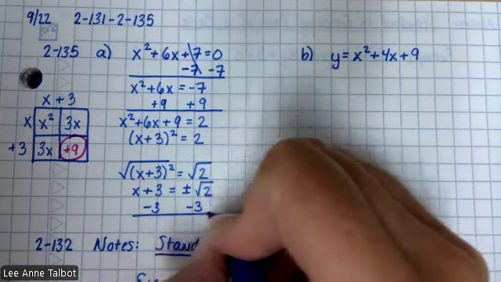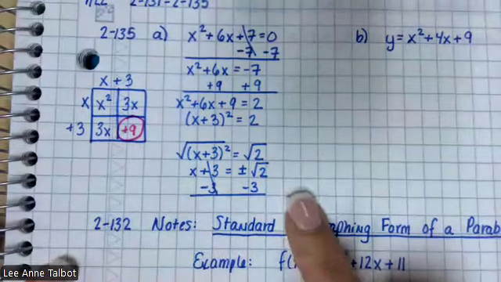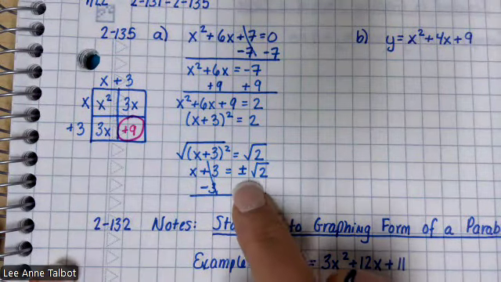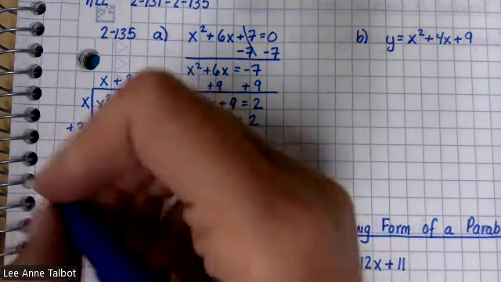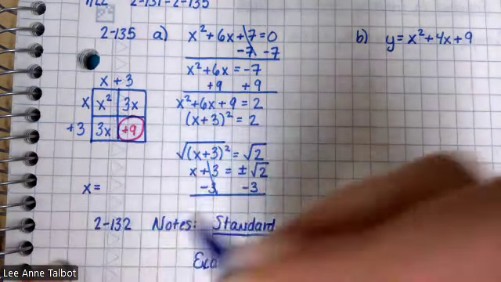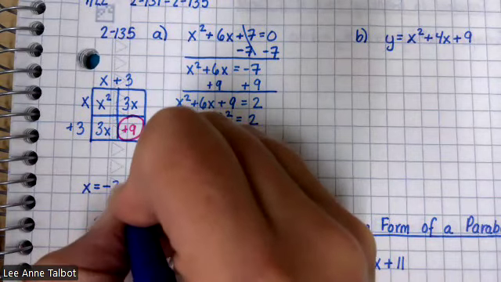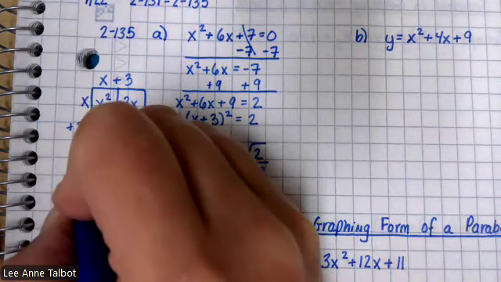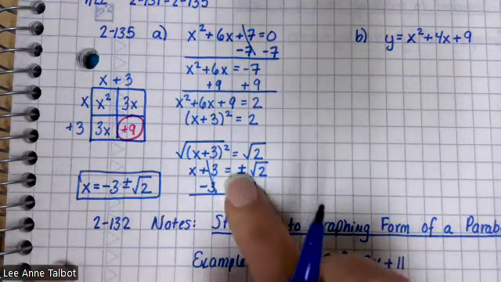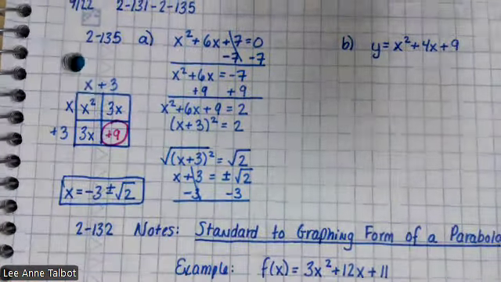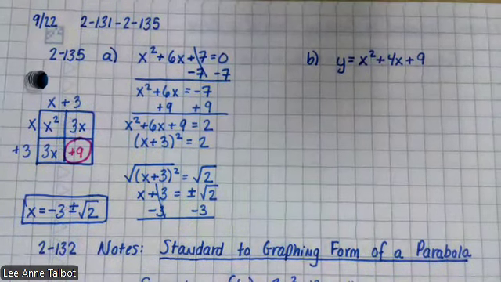Okay, now on this particular one here, I'm going to leave it plus or minus root 2, and I'm going to put the negative 3 in the front so it looks like a quad formula answer at the end. So x equals negative 3 plus or minus root 2. So again, take the negative 3, put it in the front so that it looks like a quad formula answer.